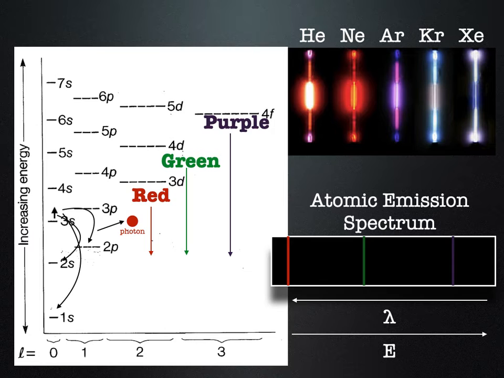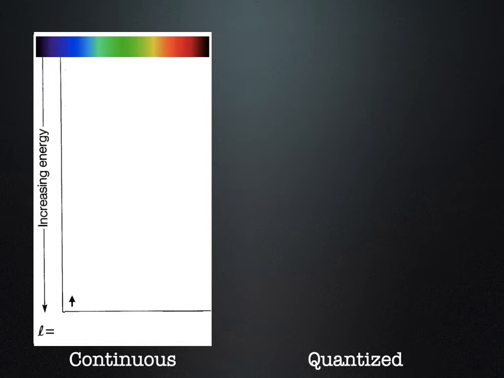Because these atomic emission spectra exist, that is some of the evidence we have for the fact that this quantization of energy within the atom is in fact a thing. And here's why.